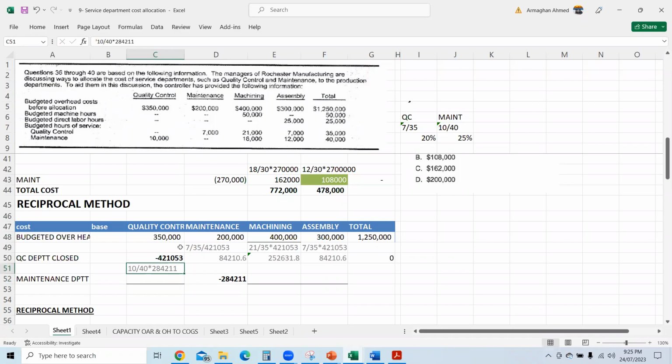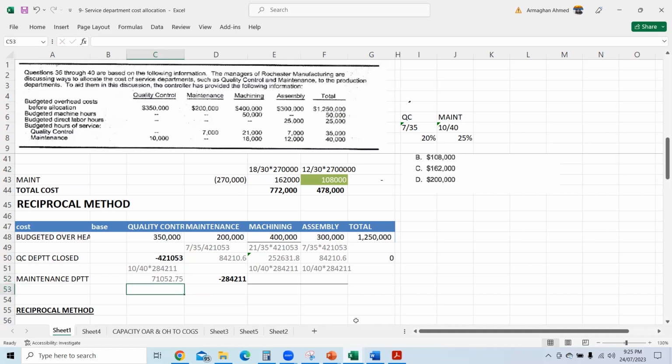Nice. So this I will also bring here. Later on the percentage will change, right? So 10 over 40, let's say what will be the amount there?